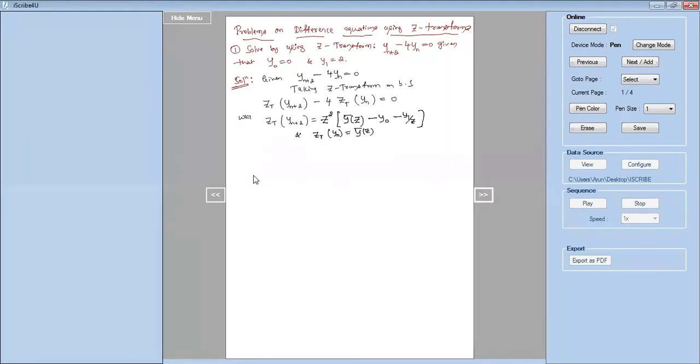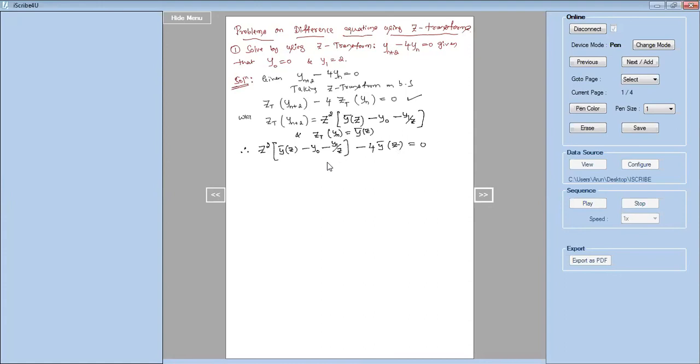So let us substitute here. Therefore, this expression becomes z square into y bar of z minus y0 minus y1 by z, minus 4 into Z transform of y(n), which is y bar of z, equal to 0. So I'm just substituting Z transform of y(n+2) here, and Z transform of y(n) as y bar of z.